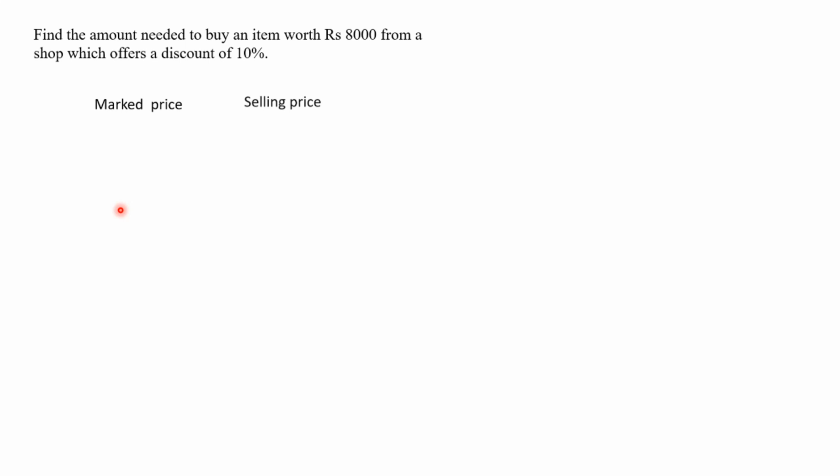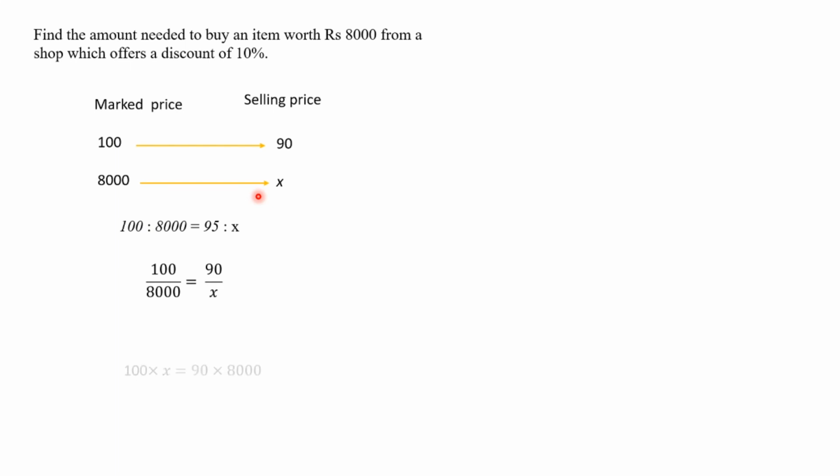So you can write marked price and selling price. You have to figure out what the quantities are inside this problem, 100 to 800, then the relation between 90 to x. Then you can write 100 to here. Look at this ratio, mark here. Also you can put the ratio, then write it as a division. Then get the value for x. You can make x the subject and find the value of x.